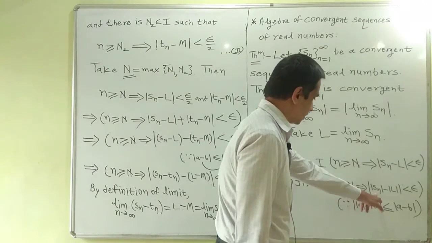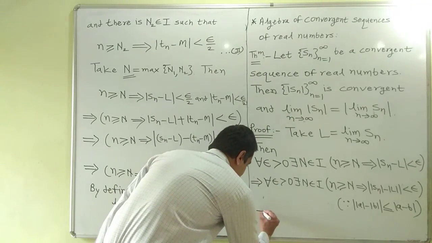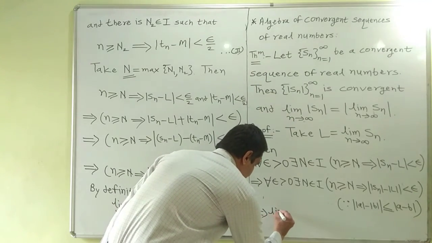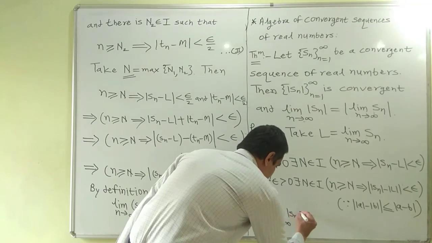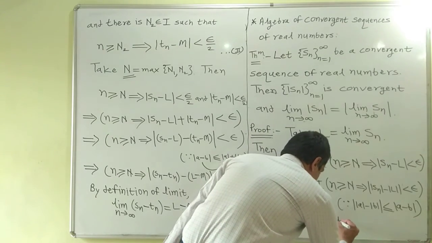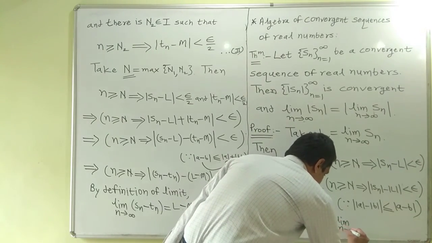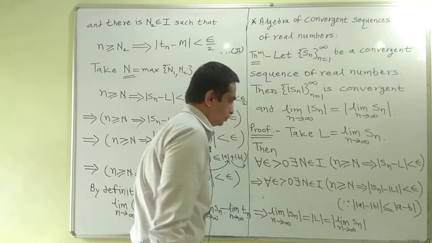Limit of |Sn| is |L|. So this implies limit of |Sn| equals |L|, which is nothing but |limit Sn|. So this is what we wish to prove.